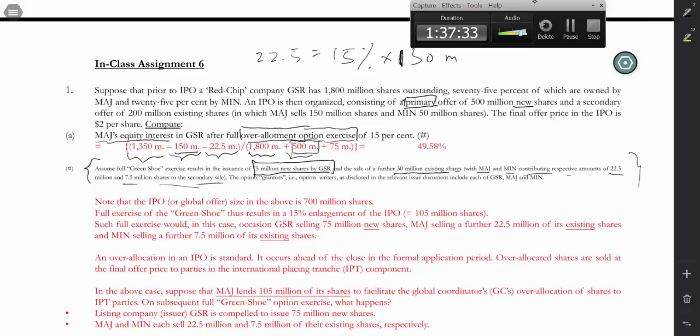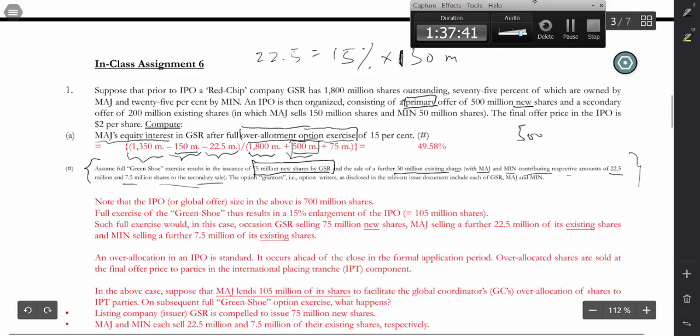So the new shares would increase by 500 plus a 15% over allocation on 500. That's the increase, but the actual number of shares that are sold to the public would be this plus the 200 from the existing shareholders plus 200 times an over allocation on the 200. Okay, so you've got to be careful to figure out what's going on.